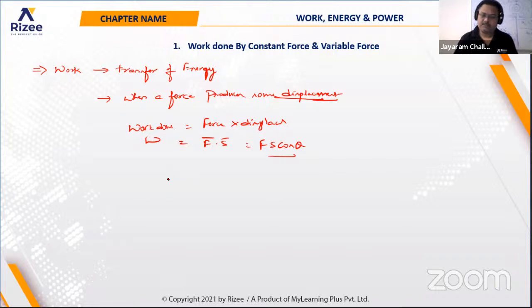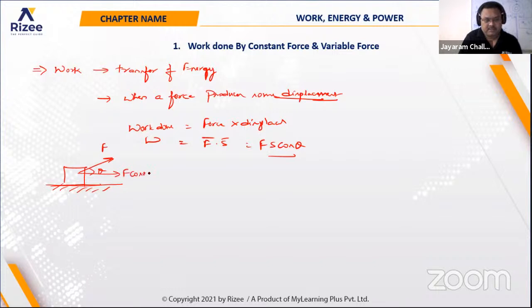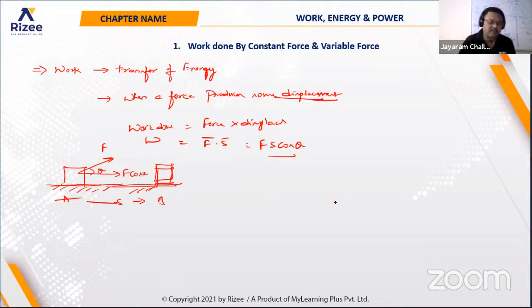The force which is responsible for the displacement of any particular object: if a force is applied in this direction making an angle theta, then F cos theta is the one which is responsible for the block to move from certain point to another point. Suppose this is the point A to the point B. So now we are causing a displacement, and F bar dot S bar is equal to Fs cos theta.